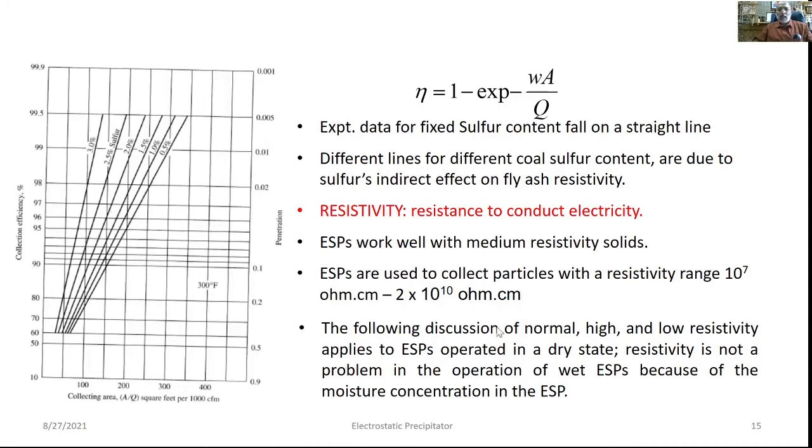So as we move ahead with the concept of resistivity, we'll discuss normal, high as well as low resistivity, which applies to the ESPs operated in the dry state. Needless to say, resistivity is not an issue for the operation of wet ESPs because of the presence of moisture in the ESP.